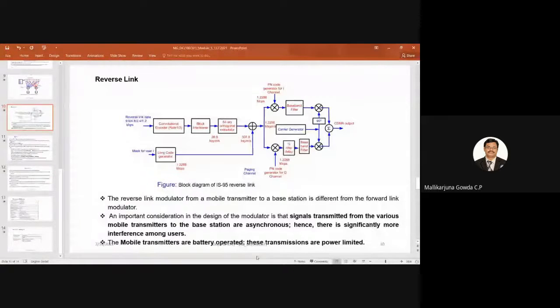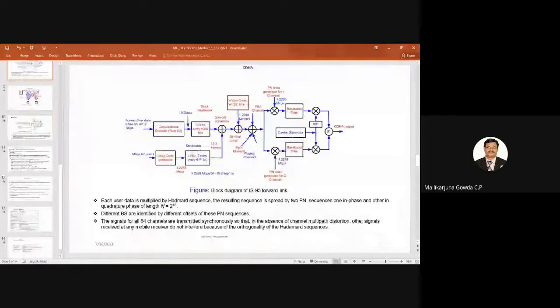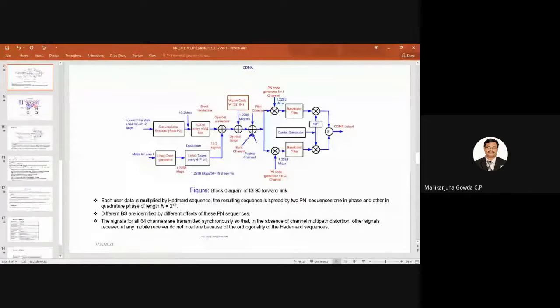Okay, so I was discussing the CDMA system based on IS-95. I think I have gone to the reverse link. So this was the block diagram that I was showing and discussing, right?